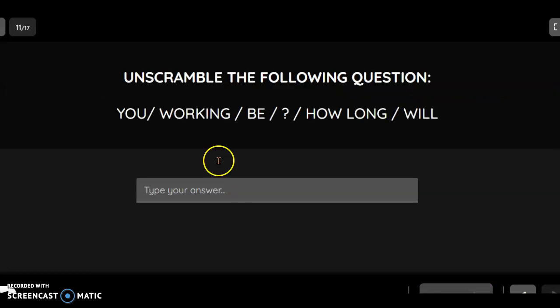Number 4, it says, unscramble the following question. You working be question mark, how long, and will. Go ahead, you have 3 seconds to do it before I type the answer.